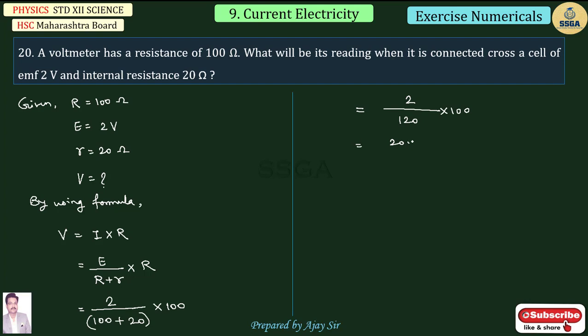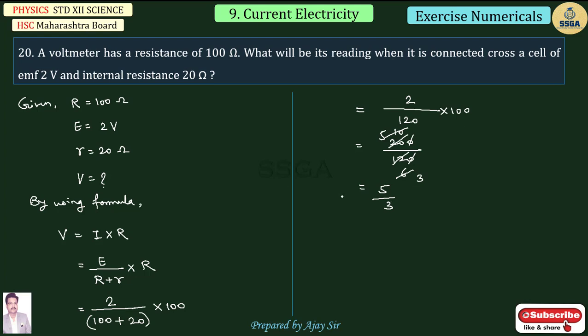So then this will be 200 divided by 120. So this 2 and this 0 get cancelled. 2 6s are 12 and 2 10s are 20. Again we can further divide. 2 3s are 6, 2 5s are 10. Therefore this is 5 by 3.